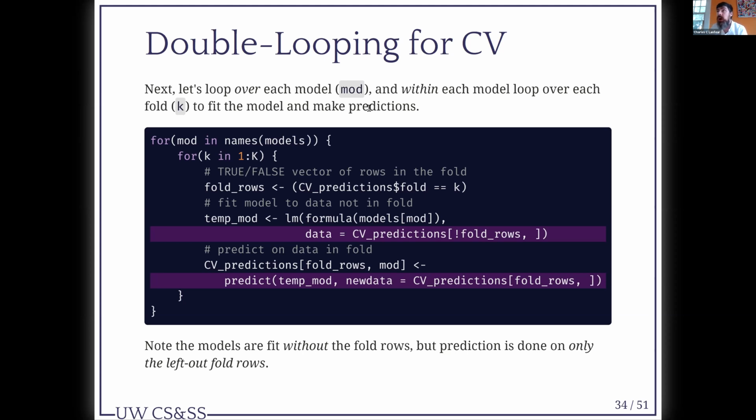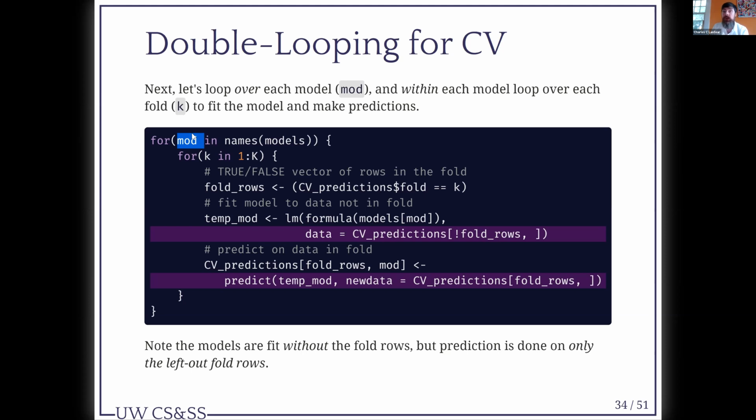So I'm going to walk through how this happens on the very first iteration of the loop, okay? So the first loop is for mod in the names of the models. Well, this is the exact same start to the loop we've used for every other one of these regression loops, right? Mod is going to be replaced with intercept only, linear, quadratic, and cubic.